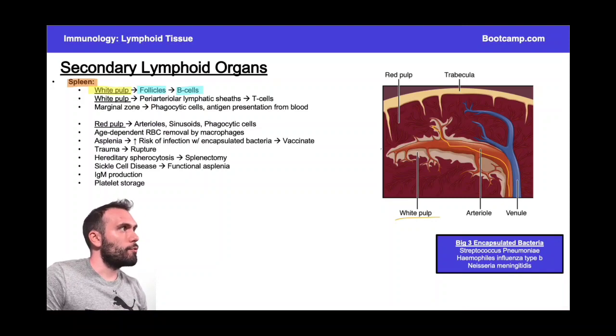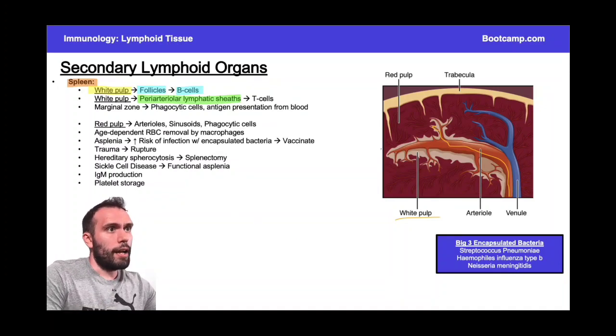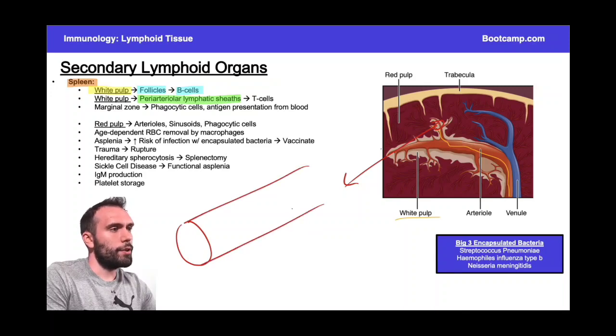So remember that. Periarterial lymphatic sheaths: if I took a cross section here, let's just say I blow this image up, I'm going to do this in 3 dimensions. Here's my arteriole coming in. And then around this arteriole, I might have a bunch of T cells. Let's just put a bunch of T's here. They're all surrounding this vessel as it comes in.